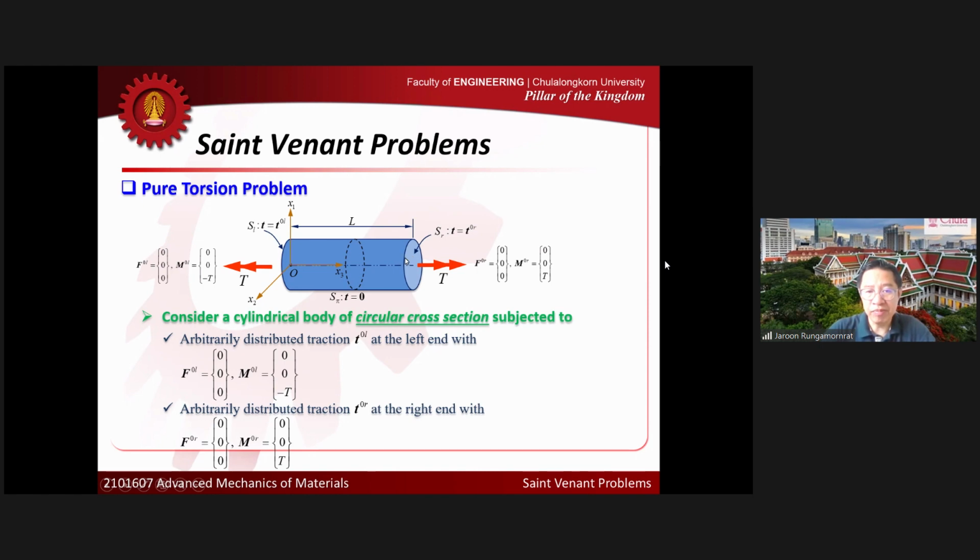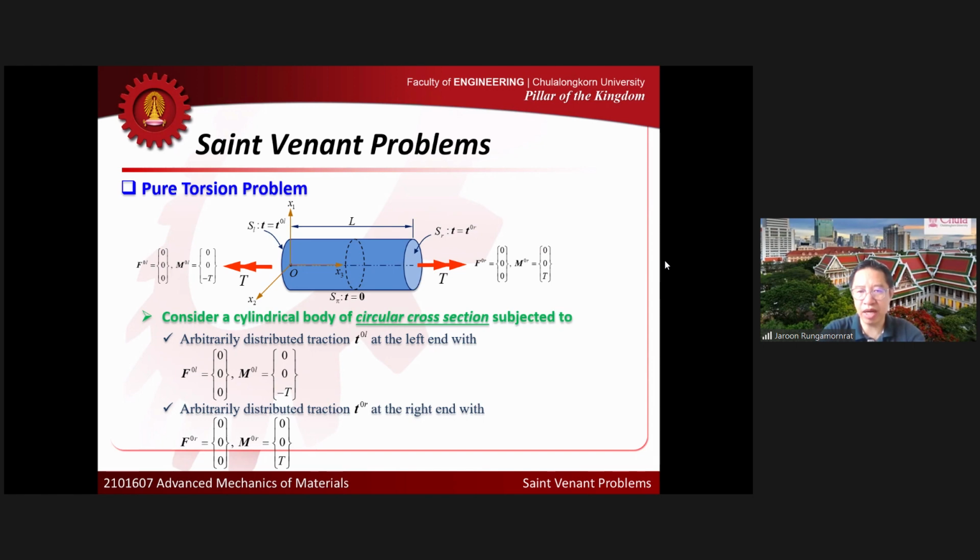The simplified problem that we look at here represents a big class of problems. Any kind of traction that generates the same net forces and moments here will be classified as the same problem in the Saint Venant concept.